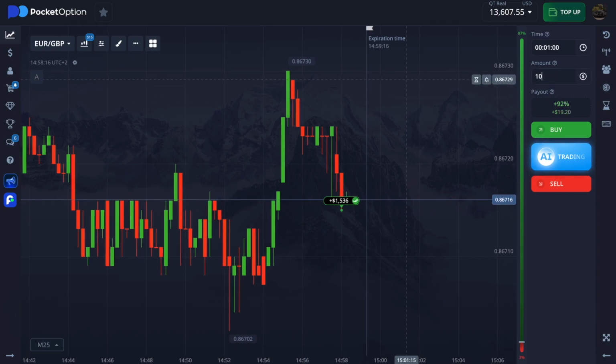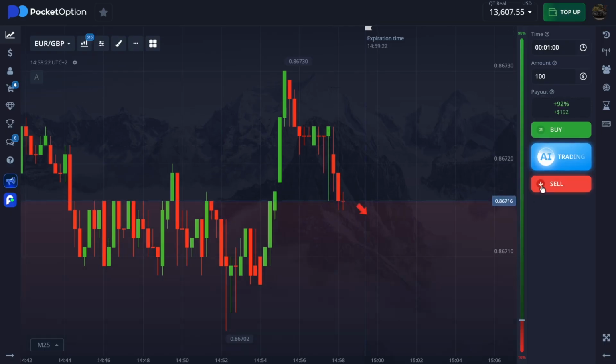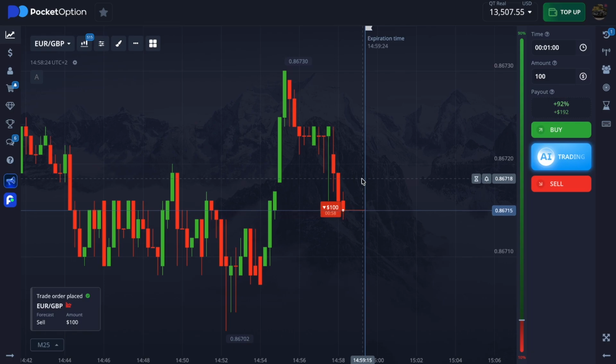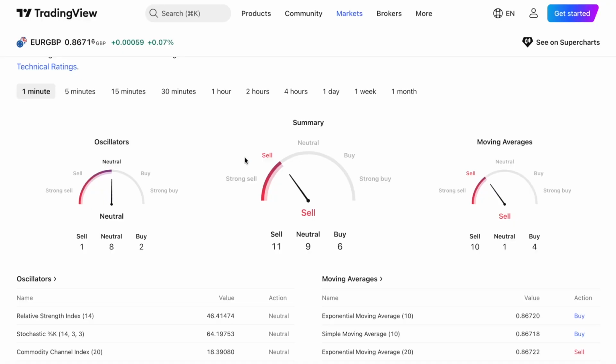Here, I can return the amount of $100 and I will open the next trade also for $100. The technical analysis hasn't changed at all, so I am simply opening a down trade. And by the way, you can notice that after each trade, regardless of whether it closes in profit or loss, I always return to the TradingView website.